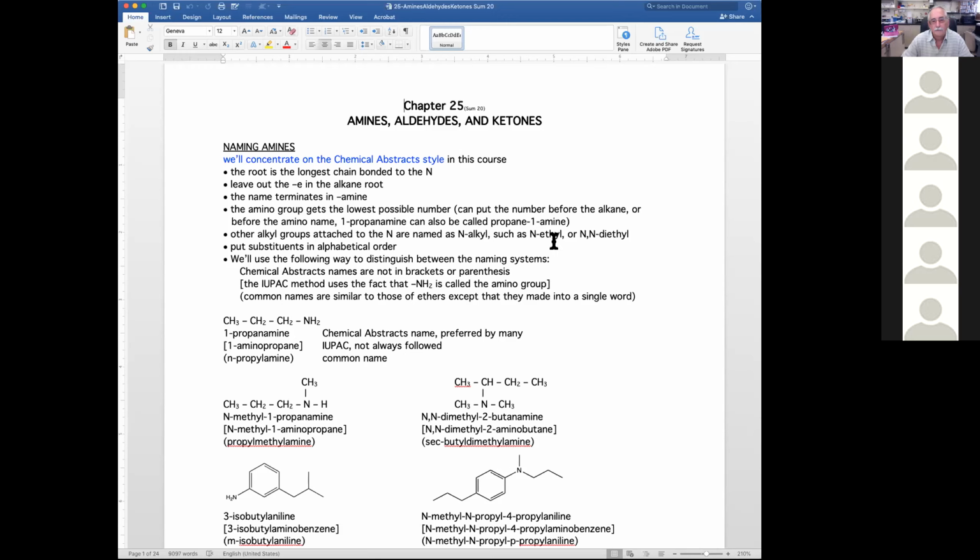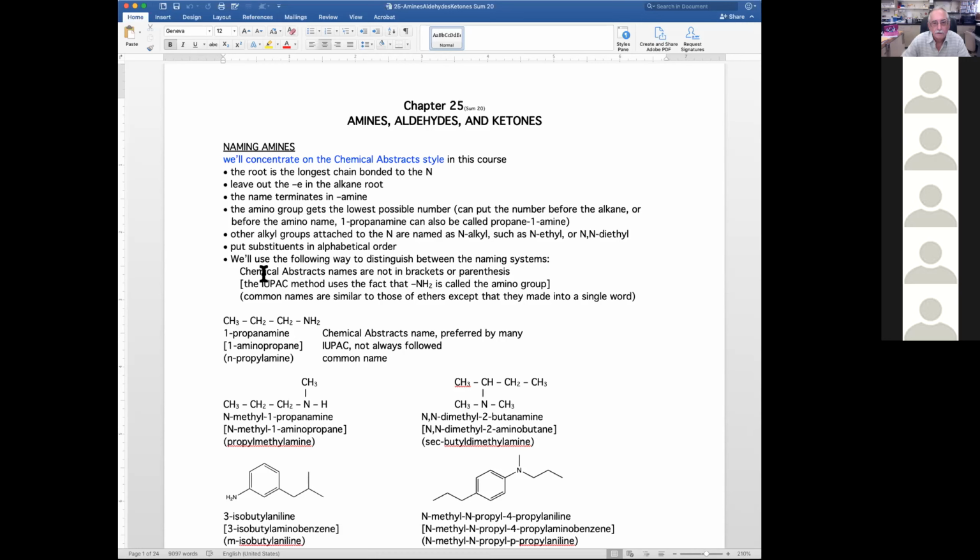If you have an alkyl group attached to the nitrogen, it's called N-alkyl, such as N-ethyl, N,N-diethyl. Then you try to put everything in alphabetical order.